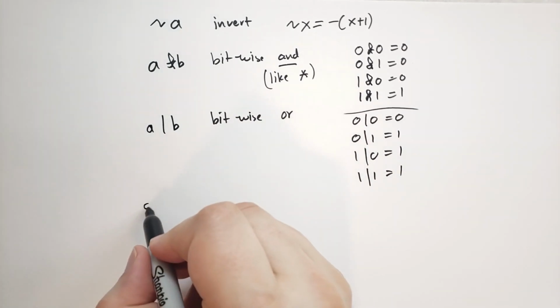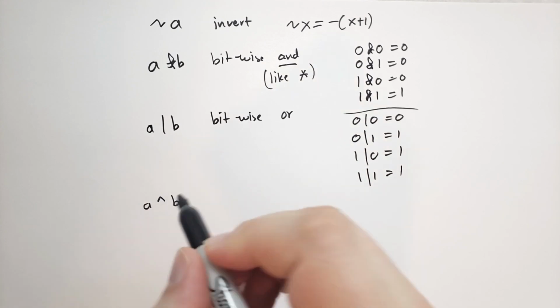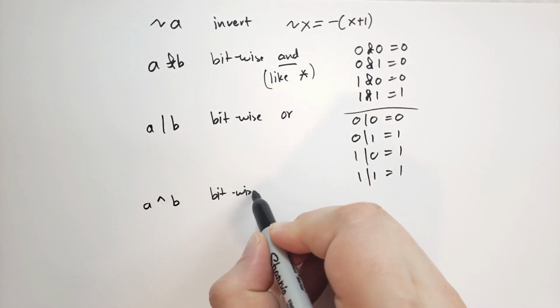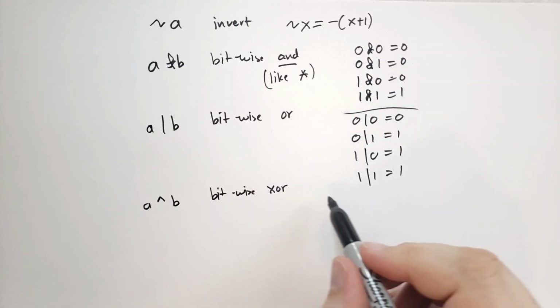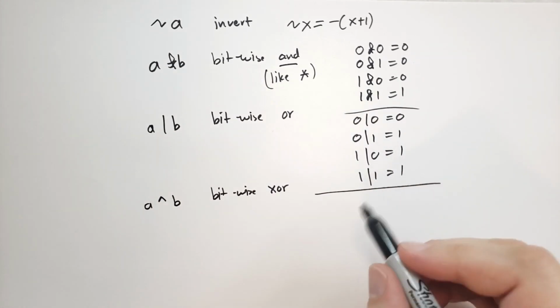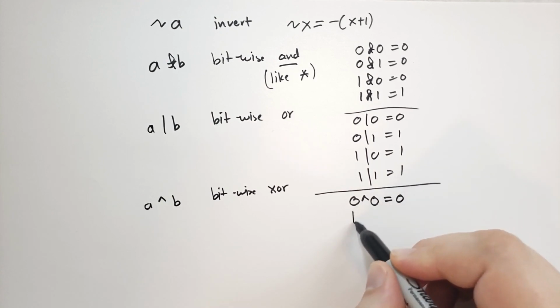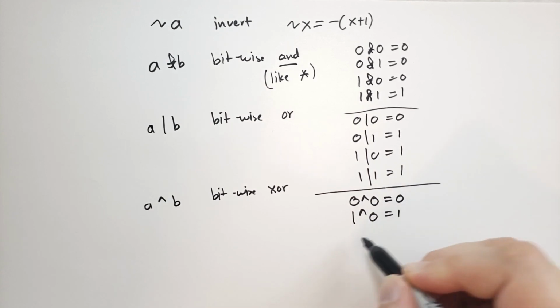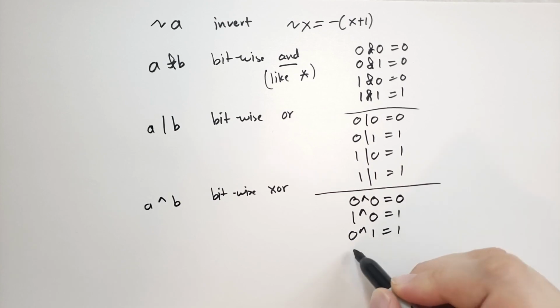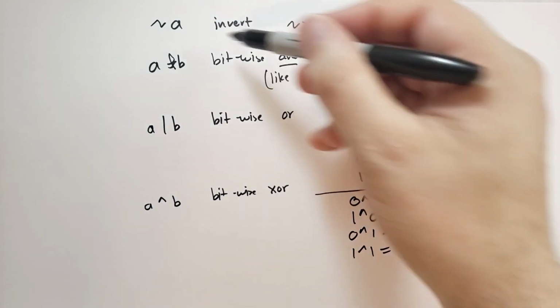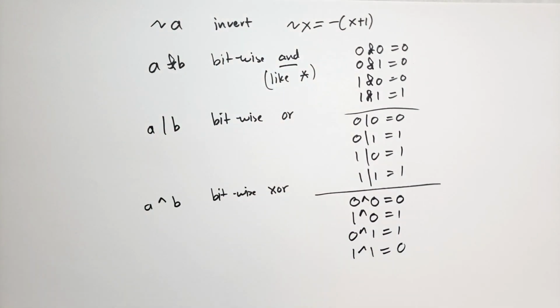And then finally we have A caret B, which means bitwise XOR. XOR stands for exclusive OR, and it's only true if only one of the bits is set. So 0 XOR 0 is 0, 1 XOR 0 is 1, 0 XOR 1 is also 1, but 1 XOR 1 is 0.